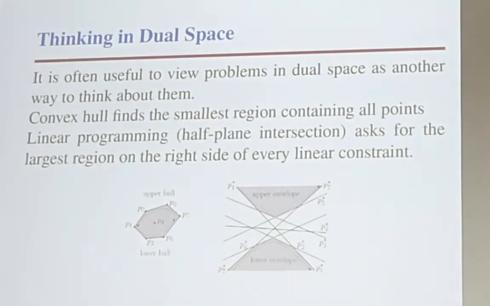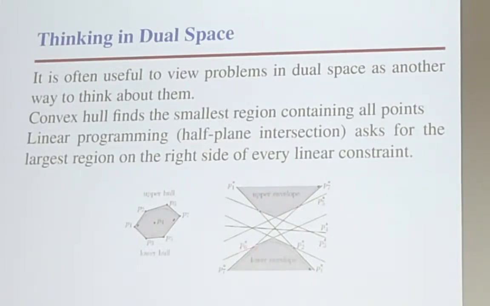This is maybe not immediately obvious, but basically, when you do the duality transformation of these points, the upper envelope of the convex hull, namely from here to here, is going to represent a convex region in dual space that's all on one side of the lines. The other piece is on the other side of those lines.